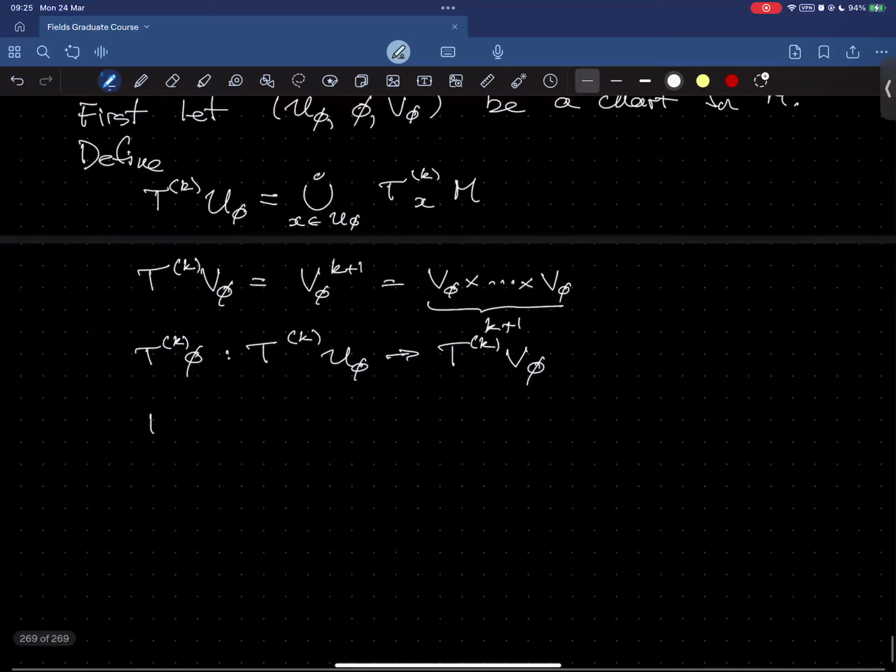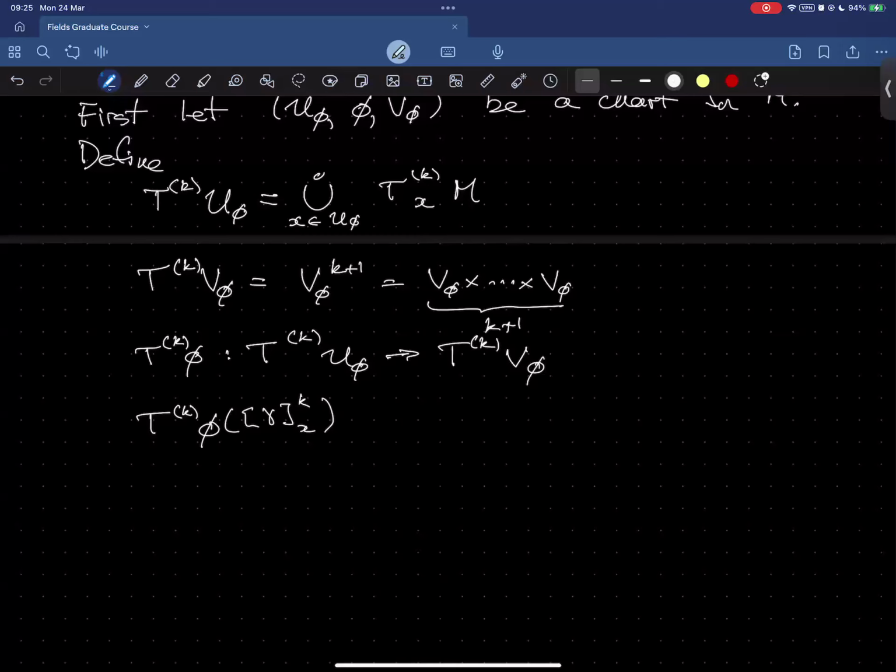And so T^k phi of gamma^k at x naught, a typical kth order tangent vector in here, will have the kind of obvious definition again. This is a k plus 1 fold product here. The first term in the product is going to be the one corresponding to the chart, phi of x naught.